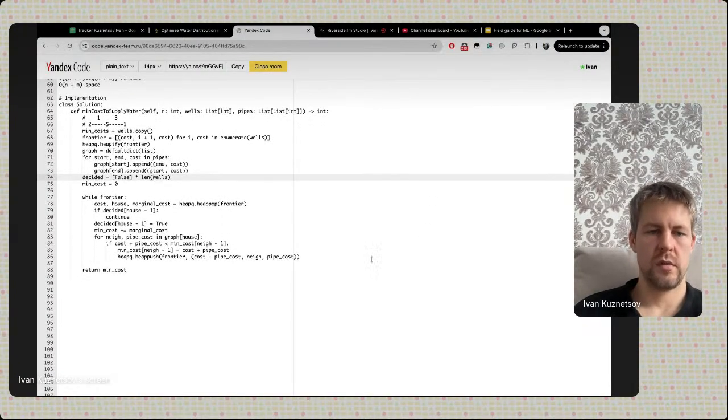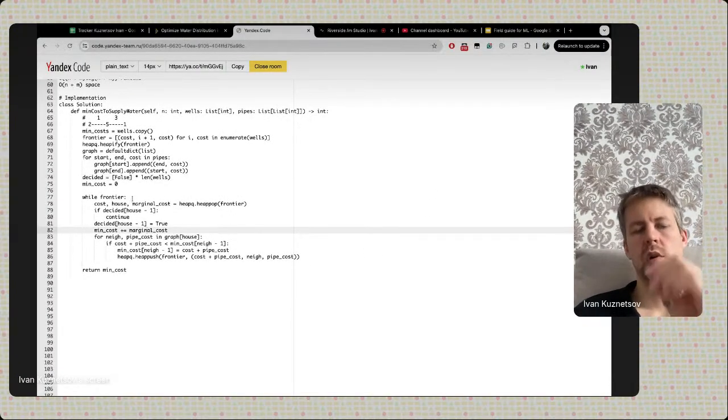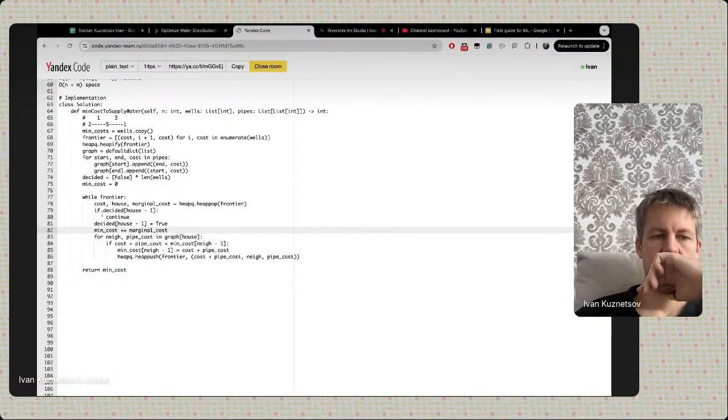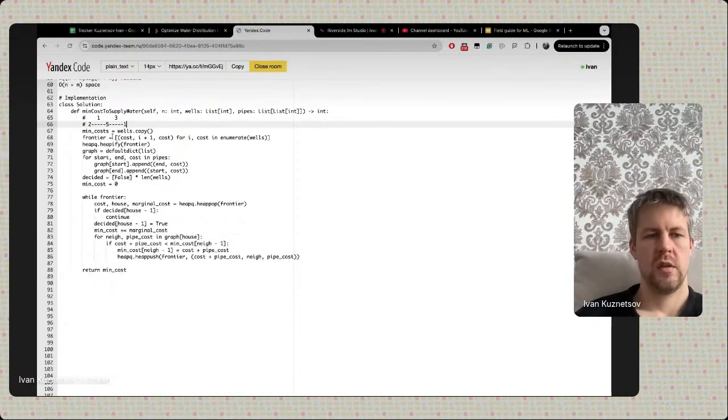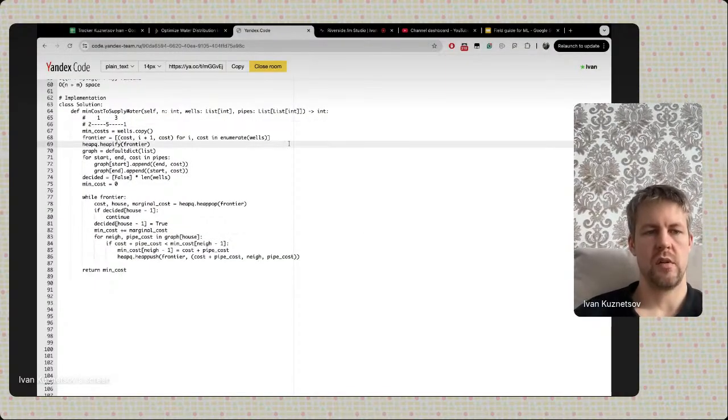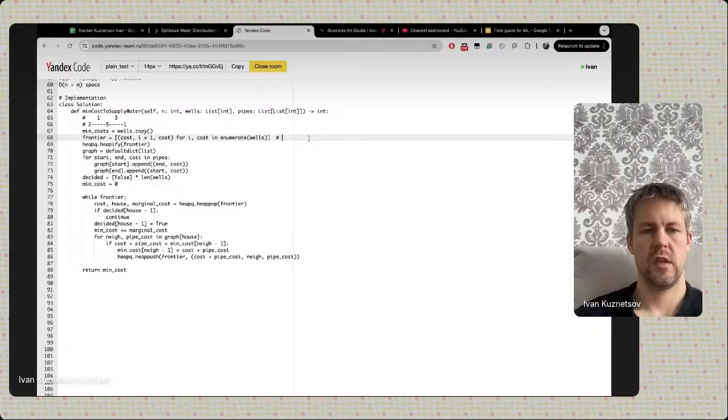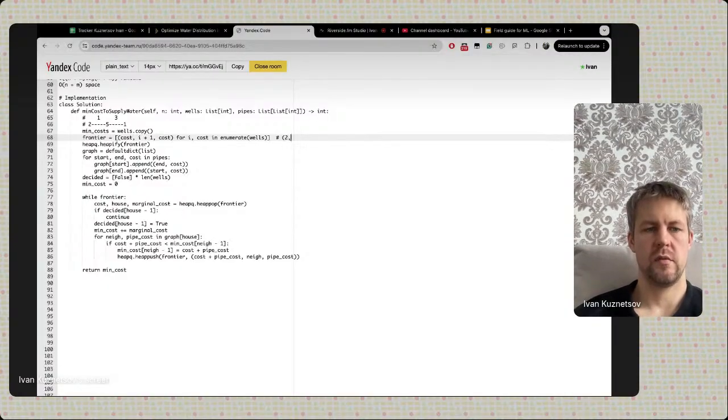And I will also check if I have made any stupid mistakes on the way. Okay, so first of all, we are creating a frontier. Now our frontier becomes cost of 2 to build to 1 and the marginal cost of 2.